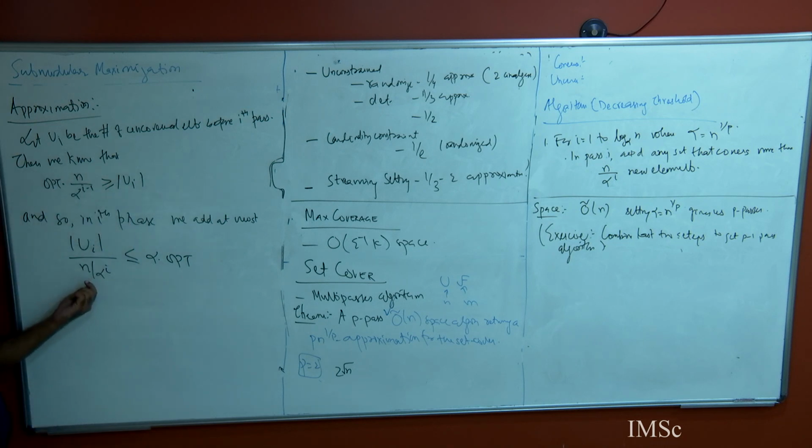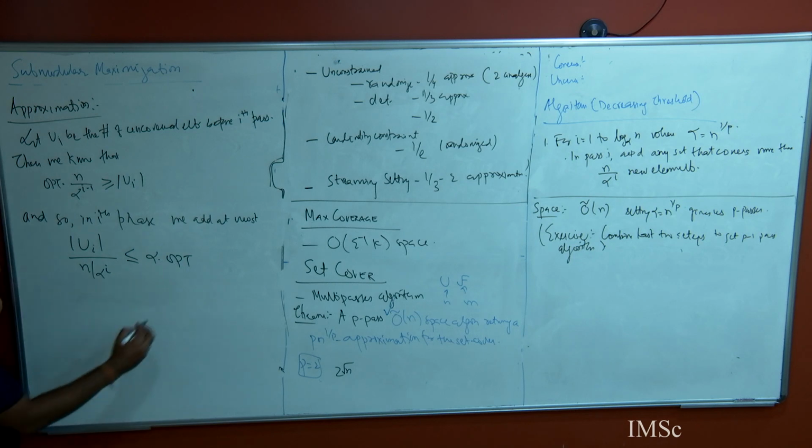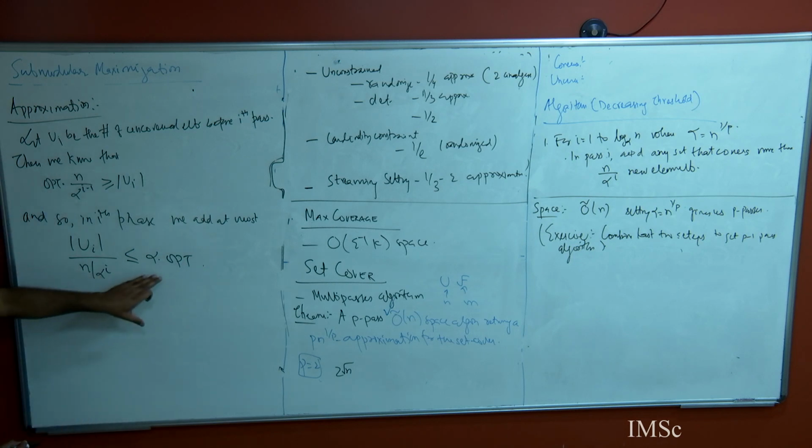This is the right way of looking at it. I could have also got it from here: I divide this, multiply with alpha, and divide by this. So this many sets we get.